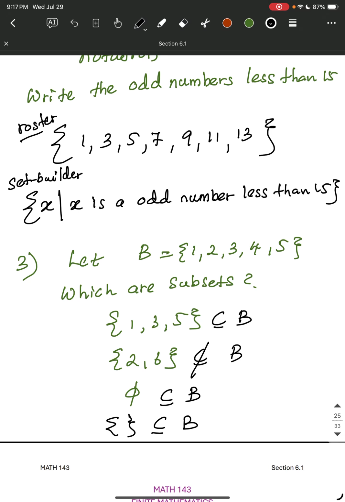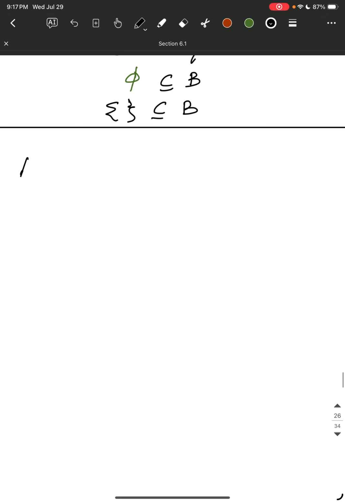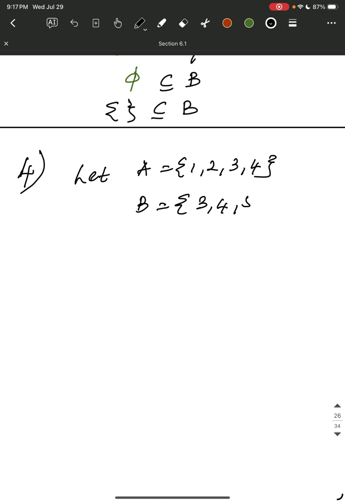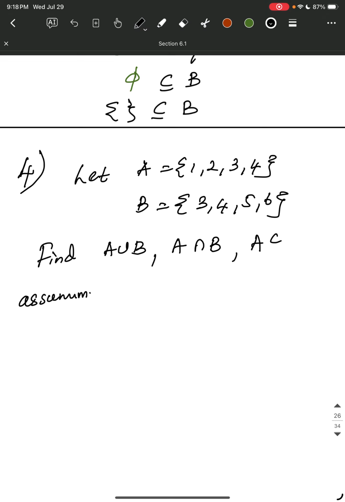The practice problem number 4. Let A be 1, 2, 3, 4, B be 3, 4, 5, 6. Find A union B, A intersection B, and A complement, assuming the universal set is given.